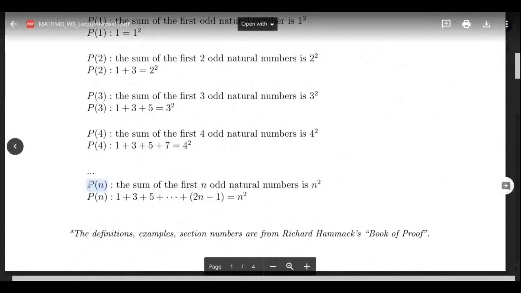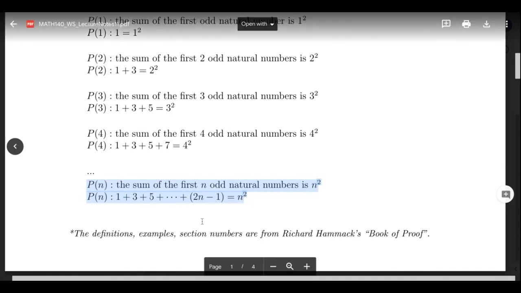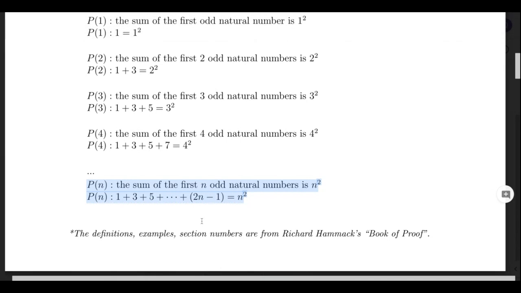So we assume the first n odd natural numbers sum to n squared is true. This is our assumption. Okay, how do we know the last of the n odd natural numbers is 2n minus 1? We can figure it out from this, right?